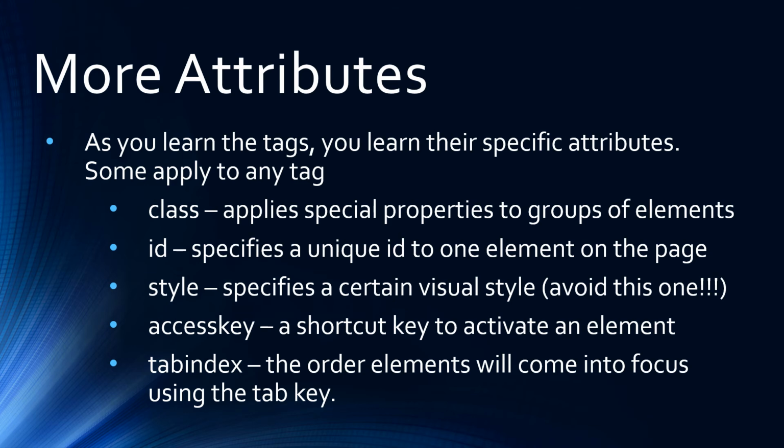The first is the class attribute. What it does is it applies special properties to groups of elements. We'll use that later when we want to say, hey, we want to style all these pictures perhaps as thumbnails.